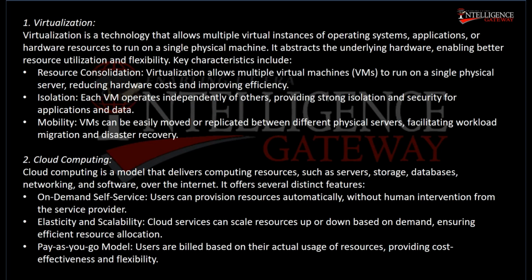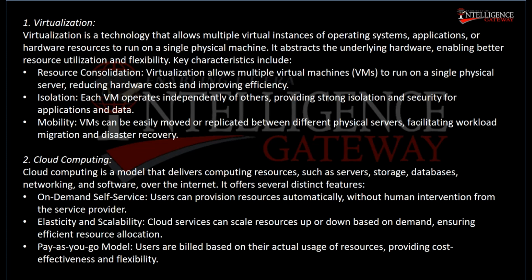1. Virtualization. Virtualization is a technology that allows multiple virtual instances of operating systems, applications, or hardware resources to run on a single physical machine. It abstracts the underlying hardware, enabling better resource utilization and flexibility. Key characteristics: resource consolidation.